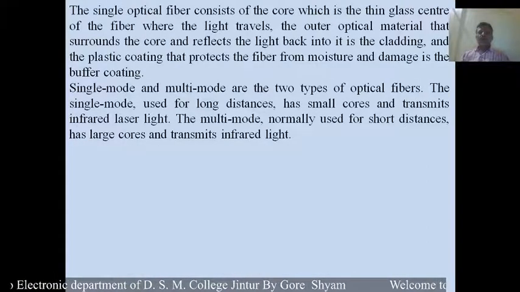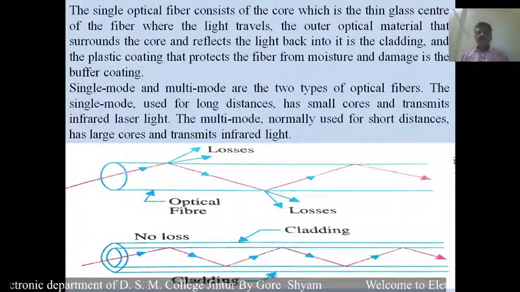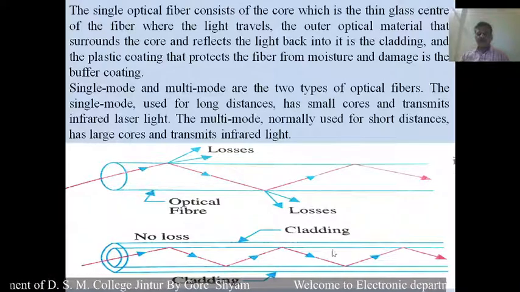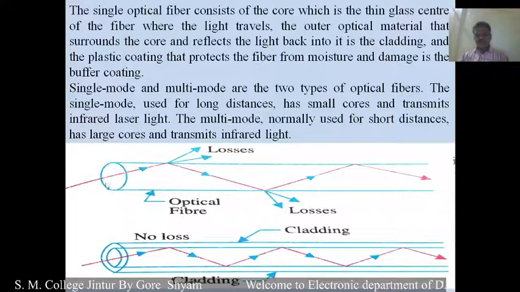A single optical fiber consists of the core. This is the optical fiber, or the wire, which is made from glass, and this is known as the core.